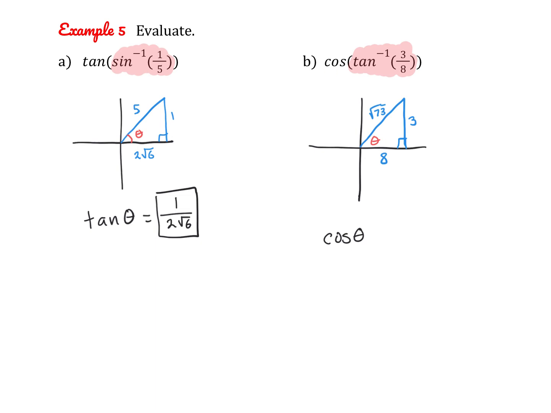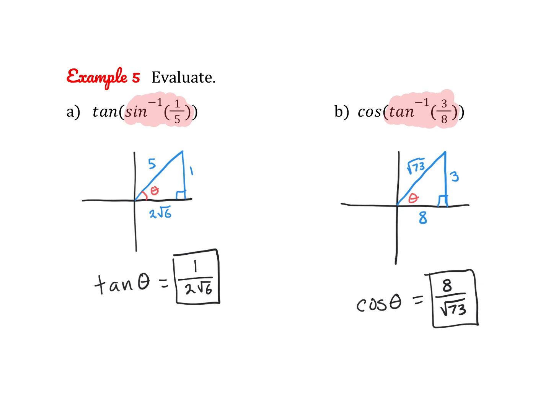So the cosine of that angle would be the adjacent over the hypotenuse. So 8 over root 73. So again, you can see how important it's going to be that you know and really understand the domain and range of our inverse trig functions, because it really helps us determine which quadrant we're working in and what our answer will be.